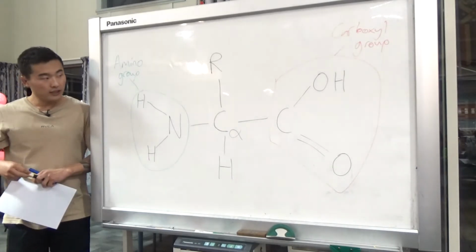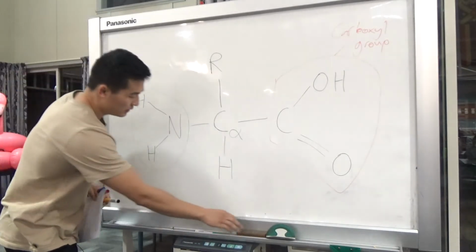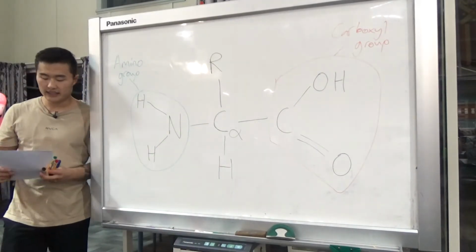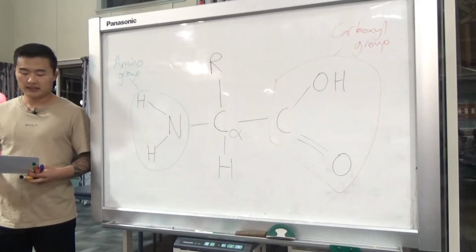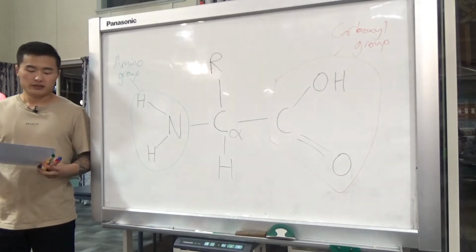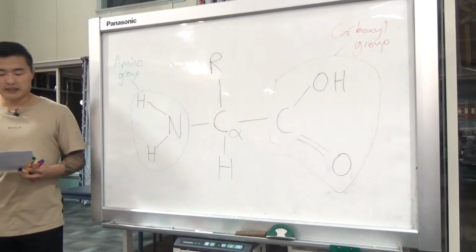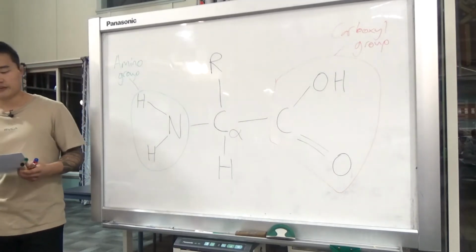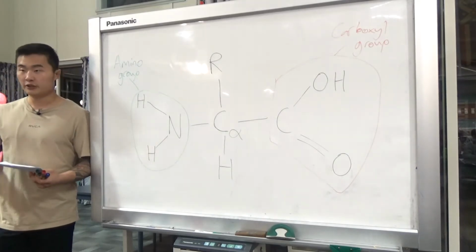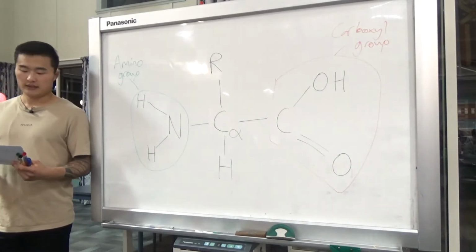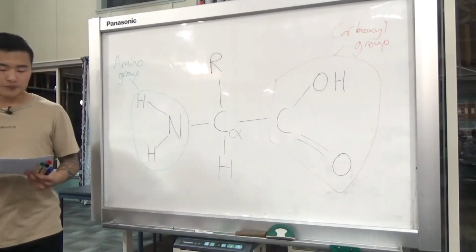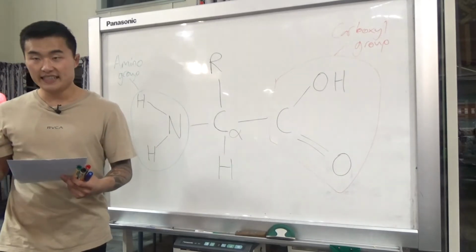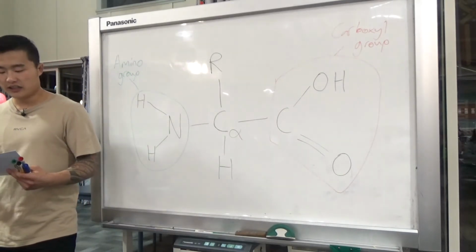All right, there's 20 different amino acids that make up the proteins in humans. Now, there are more amino acids that exist, but only 20 of them are used in the human body. All of them, apart from glycine, are chiral molecules.